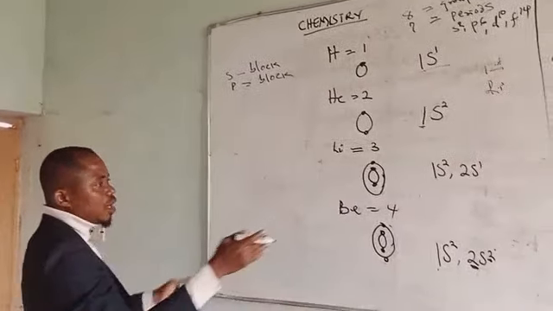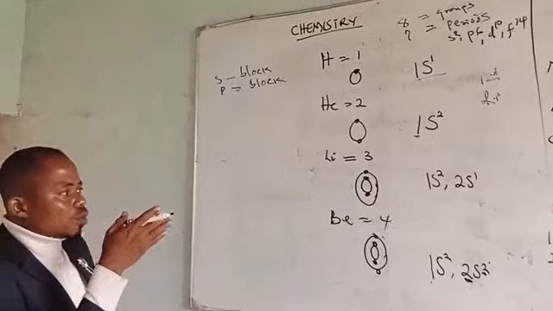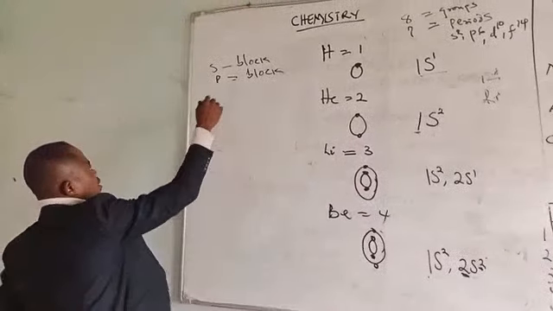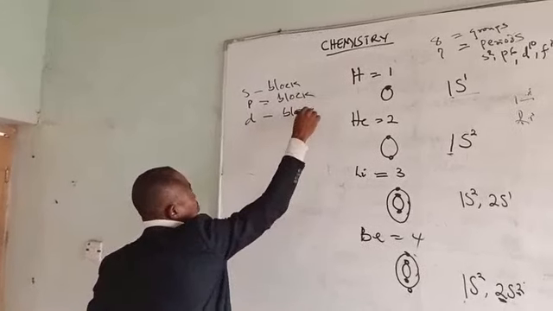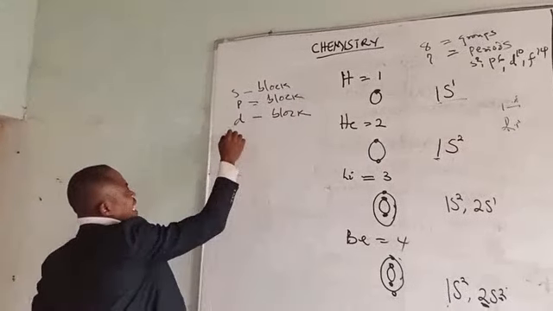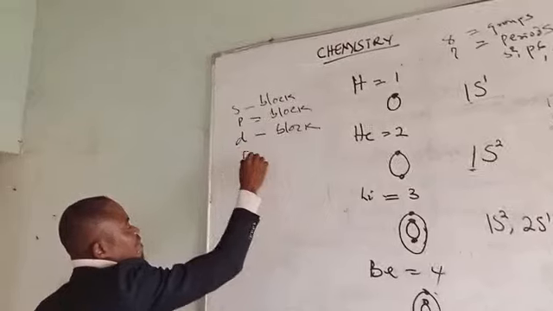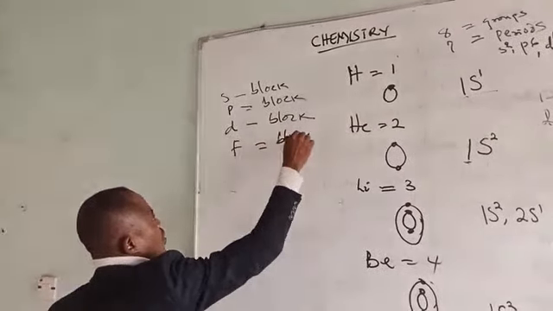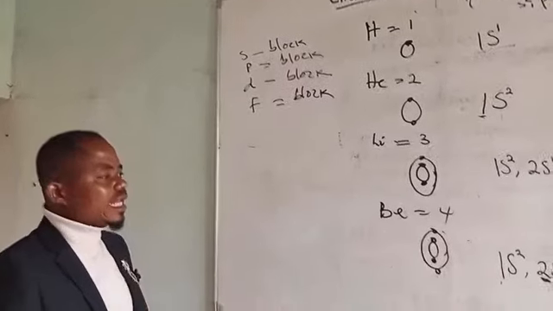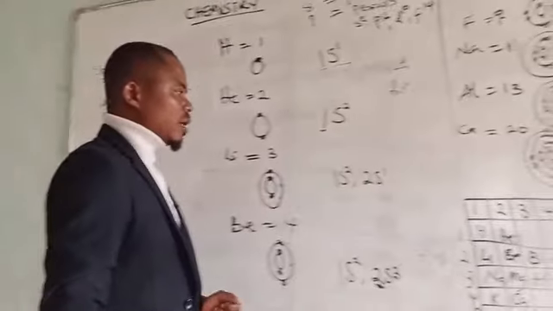Then we have the transition metals between group 2 and 3, having their electrons in the d orbital, I'll call them the d block elements. And then the lanthanides and the actinides have their valence electrons in the f orbital, I'll call them the f block elements.